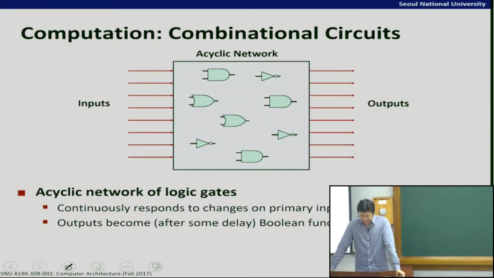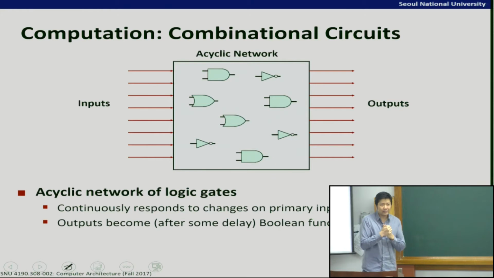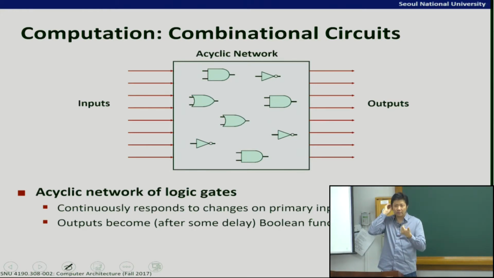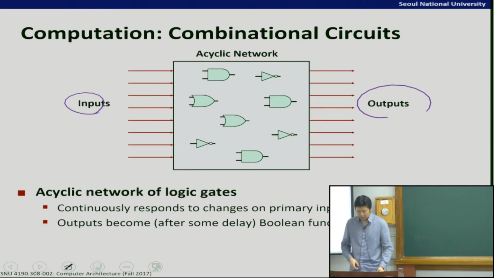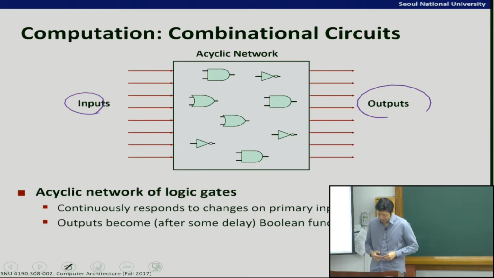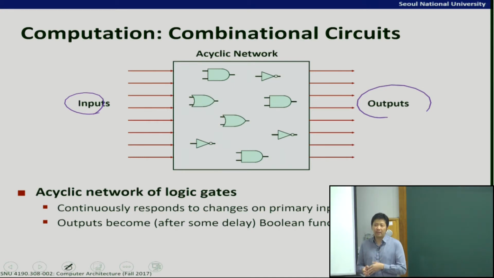If you generalize it, you can think of an acyclic network of logic gates. Any combinational logic can be realized as a network of gates, like AND or NOT, right? There is a set of inputs and a set of outputs, and the outputs continuously respond to changes in the primary inputs, and each output can be described as a Boolean function of the inputs, of course after a little bit of delay.